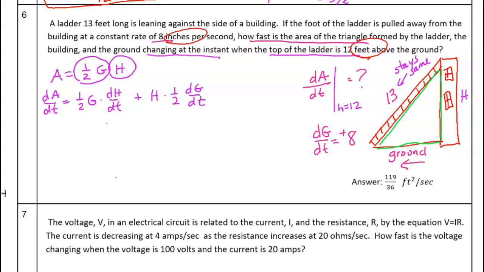We can't do it the same. So I'm going to change everything to feet. So I've got 8 over 12 because I'm changing it to feet, which is really divide by 4, 2/3. Okay, so that's important. That's also what makes this problem harder. I have done this problem and forgot to convert many times, and I was mad at myself. So don't do that.